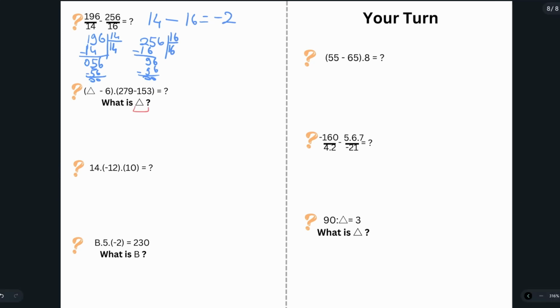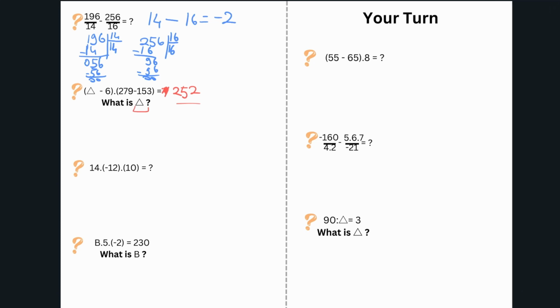Here it's asking us to find triangle. Triangle minus 6, and then times 296 minus 153. It's actually supposed to give us a number here, so let's just write a number, 252. So this equation will equal 252.